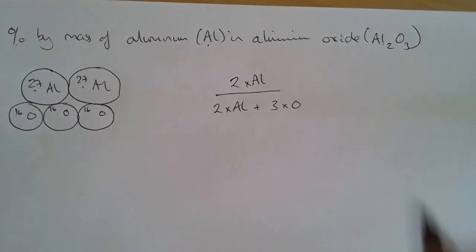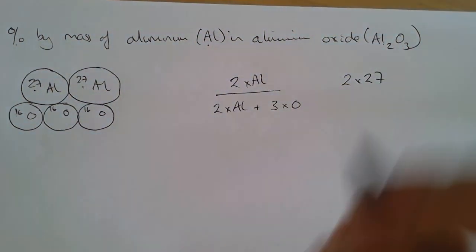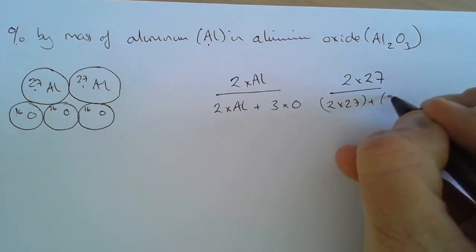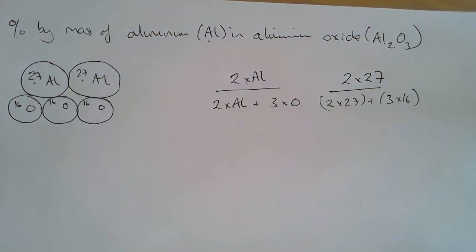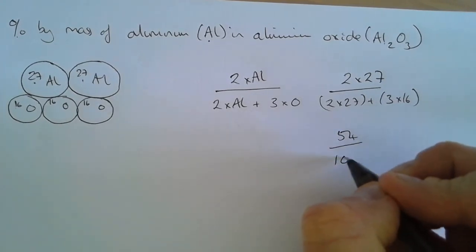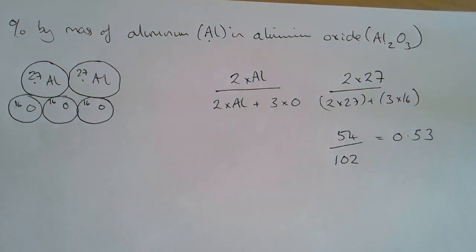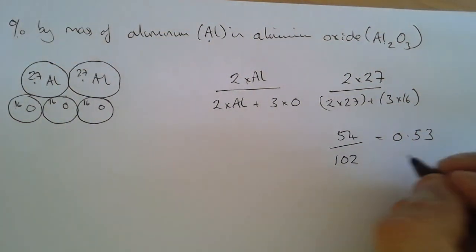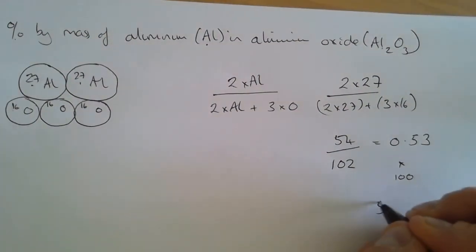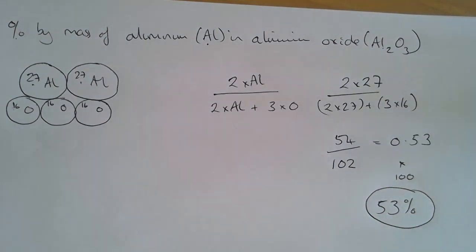So that gives us 2 times 27 divided by 2 times 27 plus 3 times 16. That will convert to 54 divided by 102, which gives us 0.53. We want to express this as a percentage, so we multiply that by 100, and that gives us an answer of 53%.